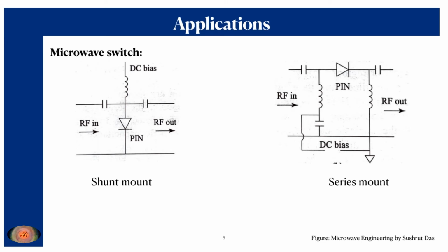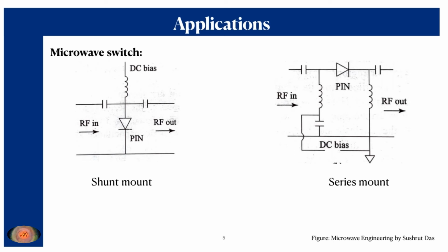In the case of series mount, the operation is just the reverse of the shunt mount. That means when we apply the DC bias to make the pin diode forward biased, then the RF signal will be available at the output, which is the opposite of the previous case. And when you put the pin diode in reverse bias, then obviously the RF signal at the input terminal will not be available at the output.